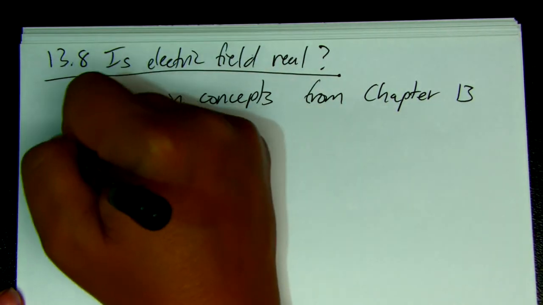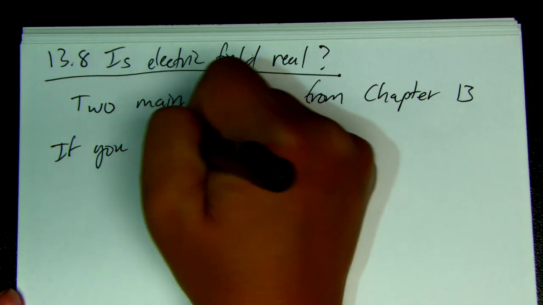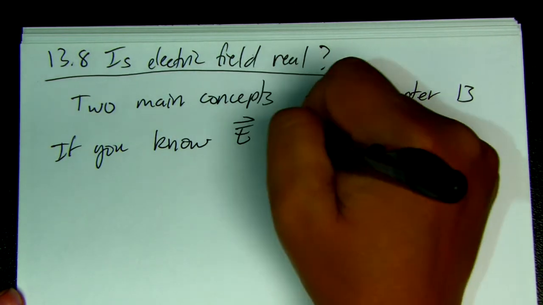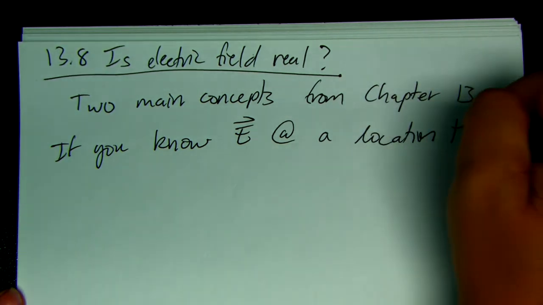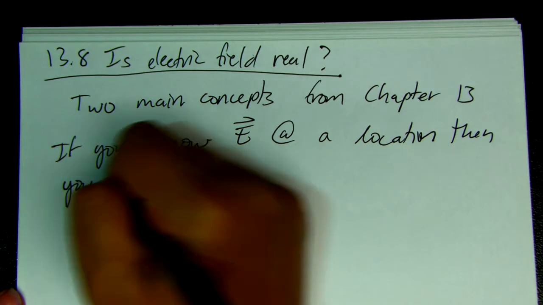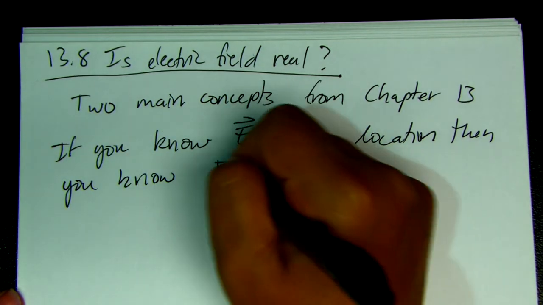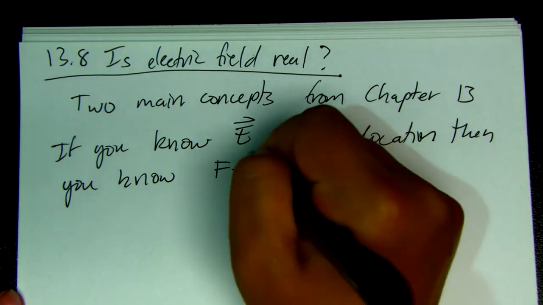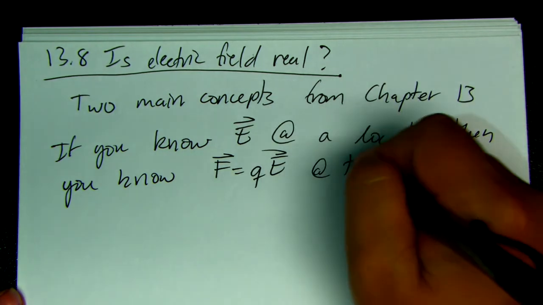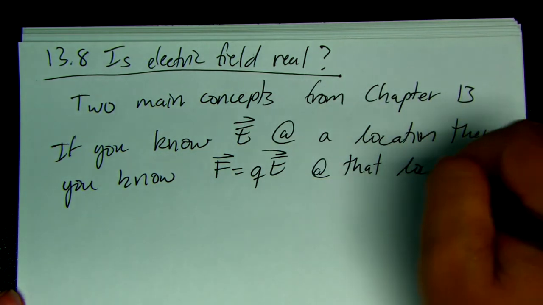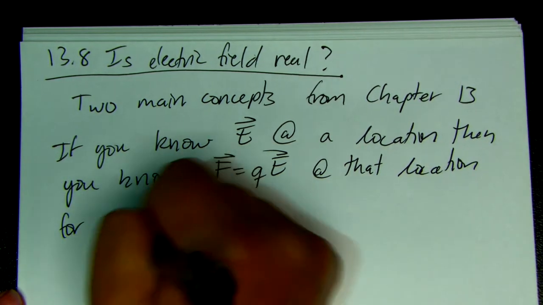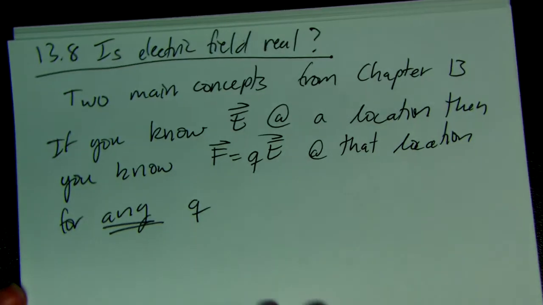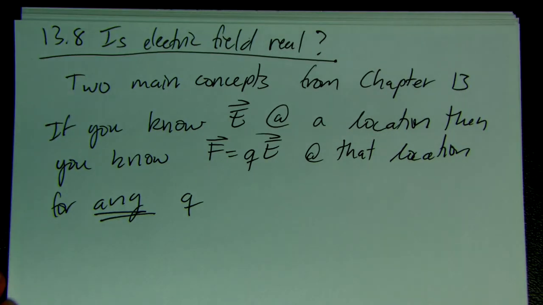So if you know E at a location, then you know F equals QE at that location for any Q. So if you calculate the field, then it's just a matter of insert desired charge here, get force out.